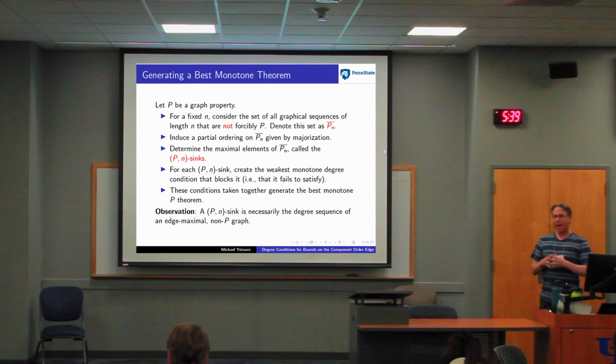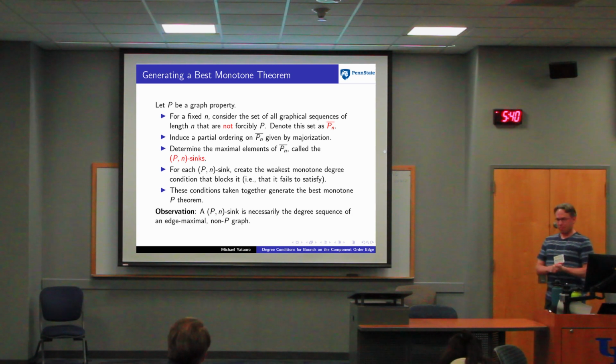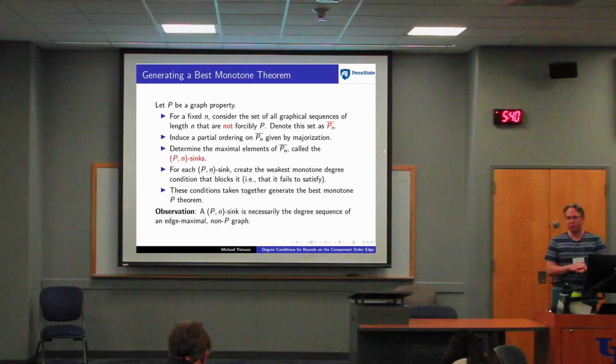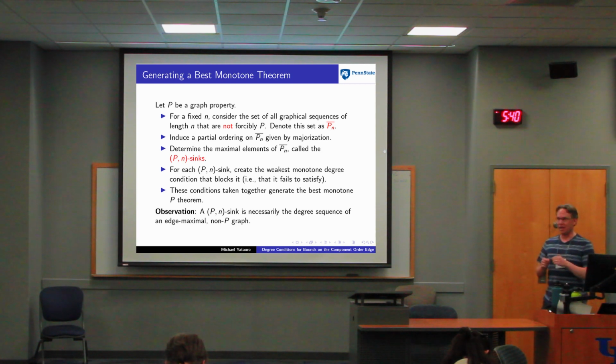So what ends up happening is if you would like to find the conditions that produce weak optimality, you look at finding, if possible, the edge maximal graphs that do not have the property P. In other words, adding a single edge anywhere, the graph will now have the property P. So you look for all of those graphs that have as many edges as possible without having the property you want.